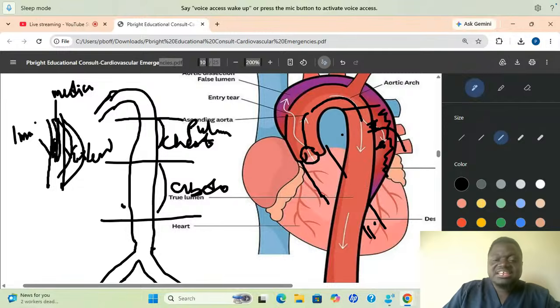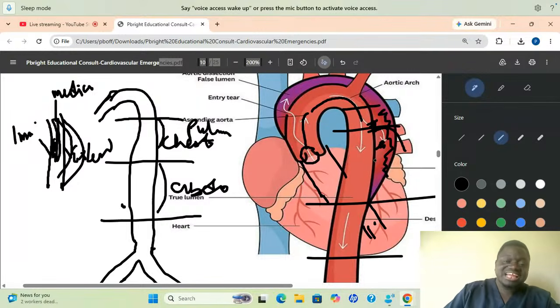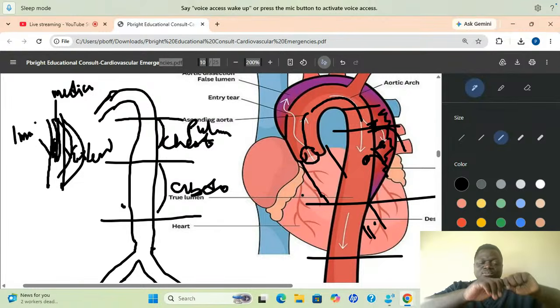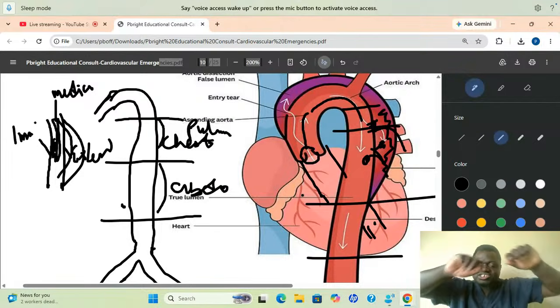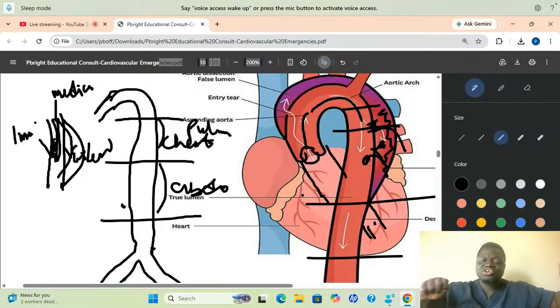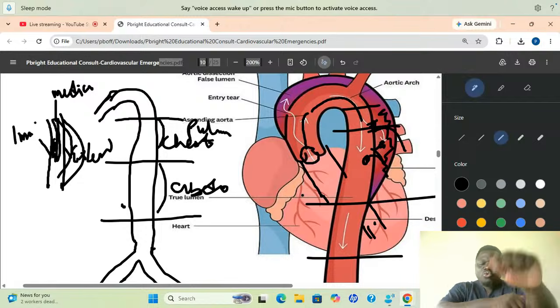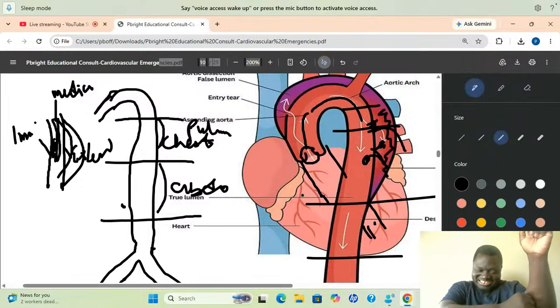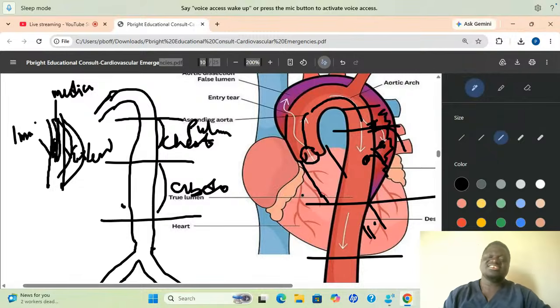So it can occur in the chest, and it can occur in the abdomen. When it occurs in the chest and you start bleeding here, the patient will have signs of tearing. I've told you, a muscle is torn, a tissue is torn, a cell is torn. If you hold your skin now and start tearing it, pulling it, you will feel that tearing pain, and it is never going to stop till you repair it.